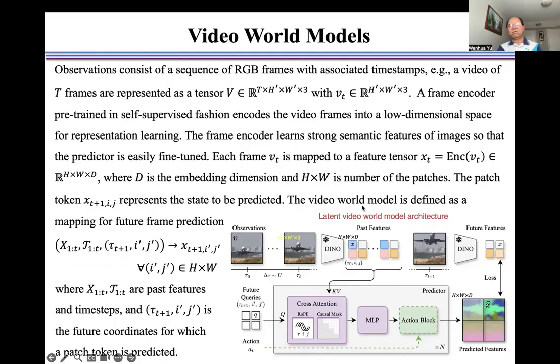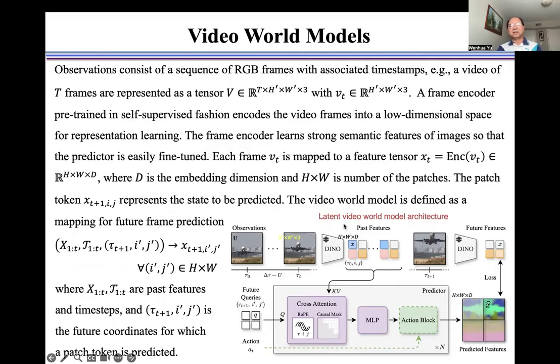The video world model is defined as a mapping for future frame prediction, as shown here, where x and t are past features and time steps, and tau t plus 1, i prime, j prime is a future coordinate for which a patch token is predicted.